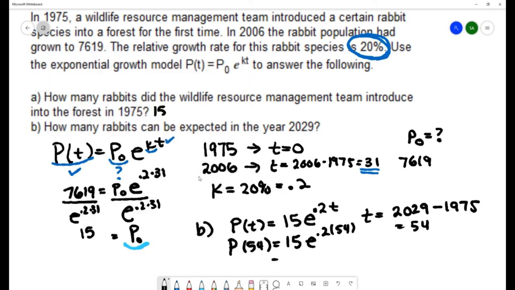That's if I round to the nearest rabbit.